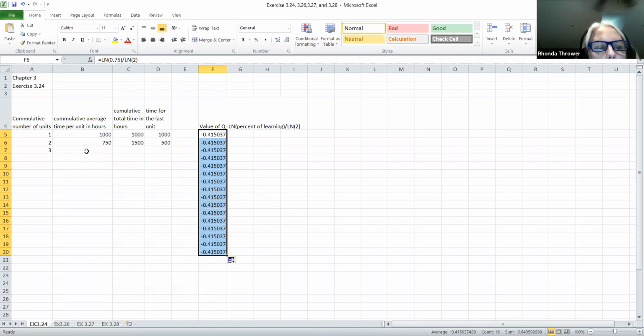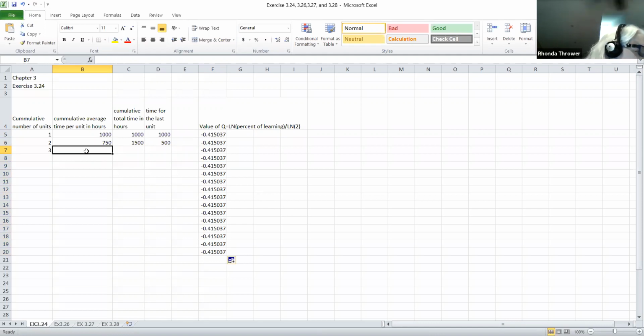And then right here, you're going to need to write in another formula that will calculate the cumulative amount. And if you want to, you can look back at your textbook on pages 112 and 113. This is how they're showing you about this formula here. And so in this cumulative average time per unit hours, we have to put in another formula.